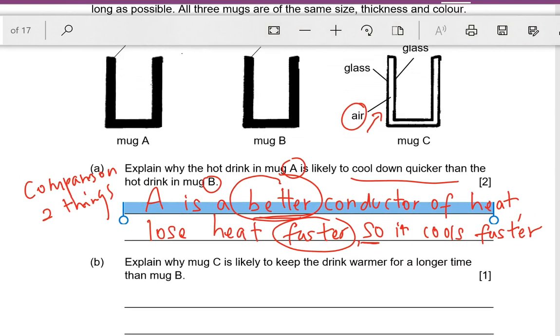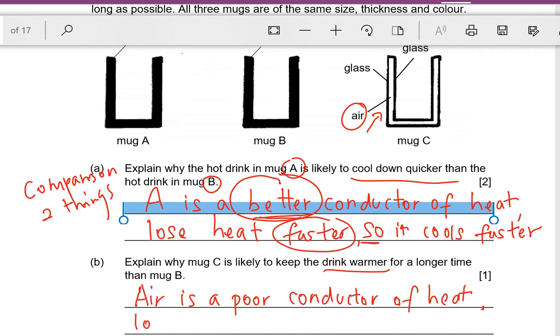Explain why mark C is likely to keep the drink warmer. Now, C has a special characteristic, right? C has air. So, we know that air is a poor conductor of heat. Alright, now when it is a poor conductor of heat, what happens?